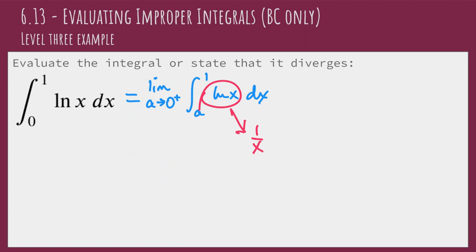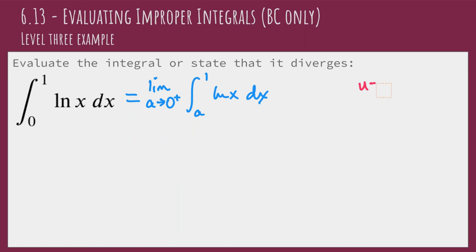The antiderivative of natural log of x is not 1 over x, that's the derivative of the natural log. The antiderivative we actually evaluate using integration by parts.